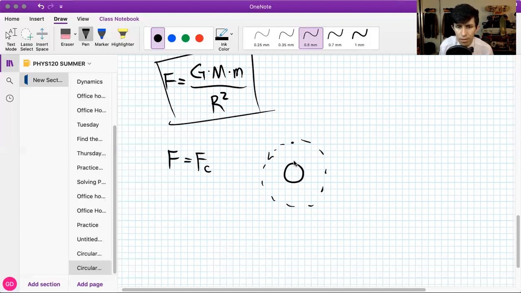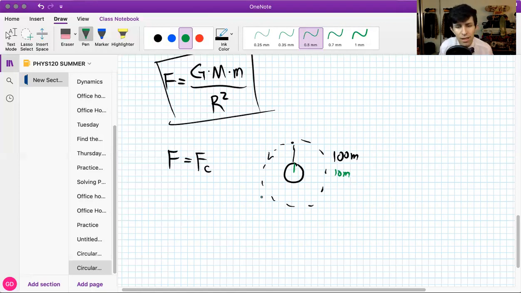If my altitude is 100 meters, and just say this is some random planet, let's say it's like an asteroid. The radius of the asteroid is, actually, let me use a different color just to differentiate it. The radius of the asteroid is 10 meters. Then we have that information set, right?